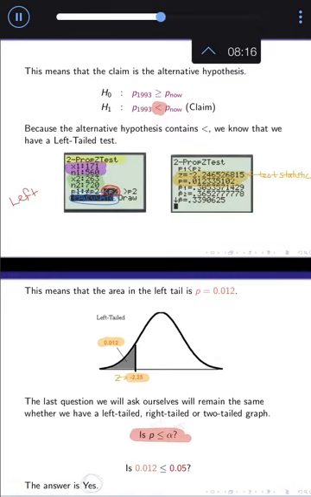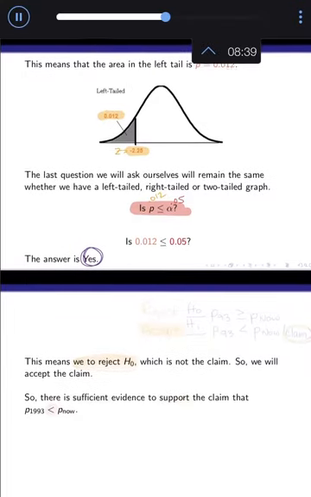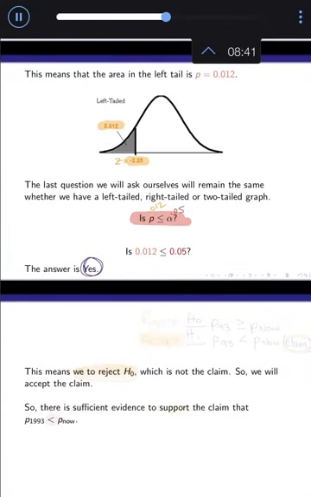Well, p was 0.012, and alpha was 0.05. So is p less than or equal to our alpha? Absolutely yes. So what does yes mean? As a reminder, yes meant that we would reject H naught.